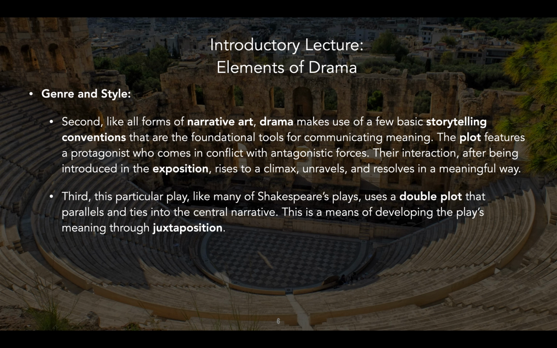Third, this particular play uses a thing called a double plot that parallels and ties into the central narrative. Okay, in other words, the central narrative, which centers on King Lear's interactions with his daughters, Regan, Goneril, and Cordelia, is doubled by or juxtaposed with Gloucester's interactions with his two sons, Edgar and Edmund.